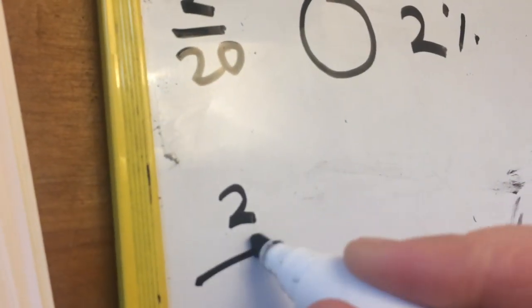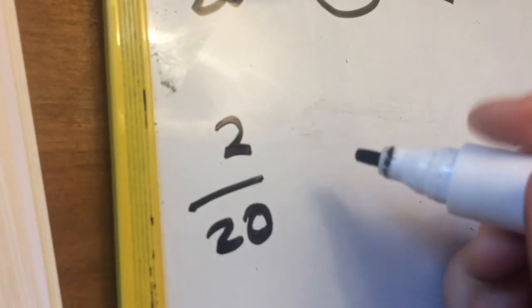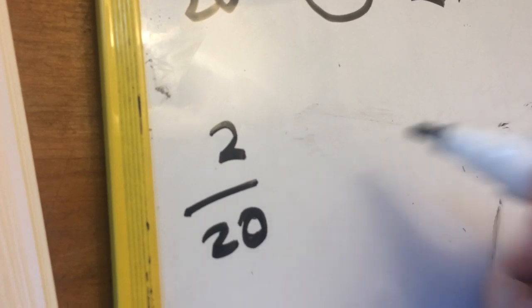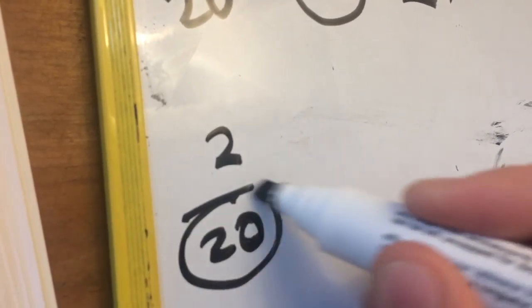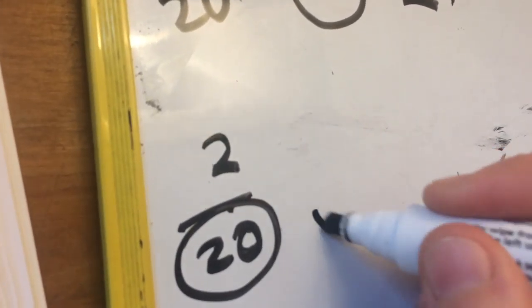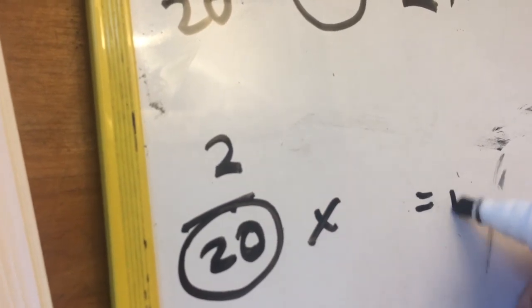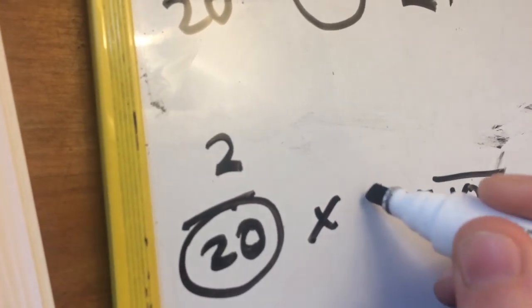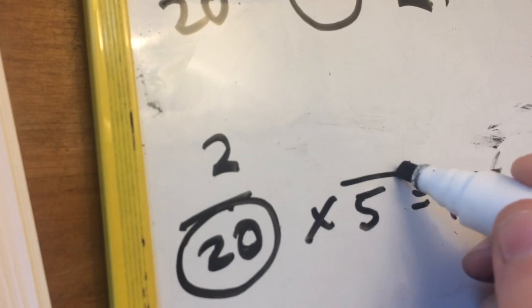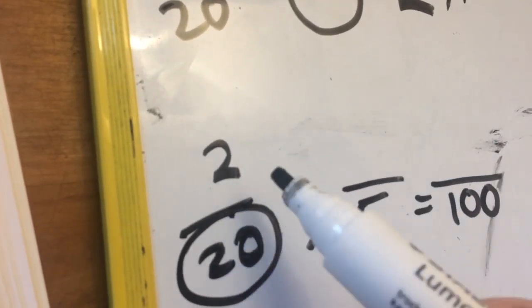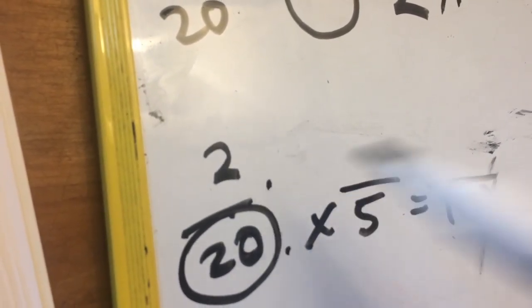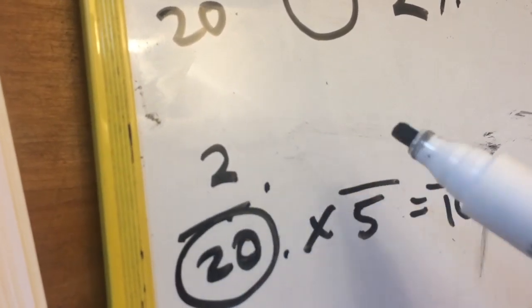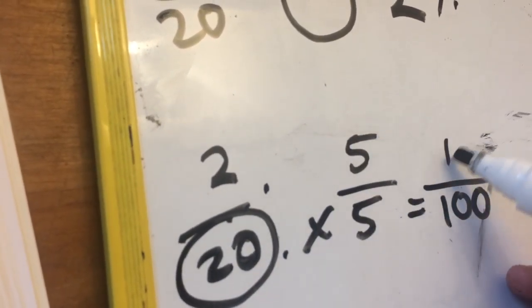So 2/20. All right, what do we multiply that by to get to 100? We always have to get this number to 100 to get a percentage. So multiply by something equals 100. So 20 multiplied by 5 equals 100. Now, if we do it to the bottom, we need to do it to the top. So 2 multiplied by 5 equals 10.